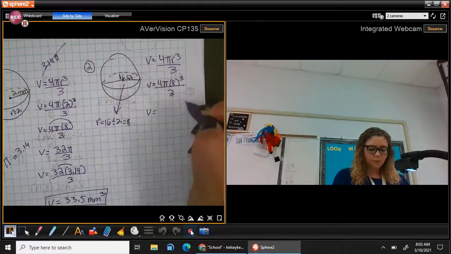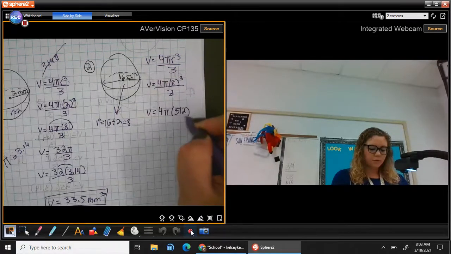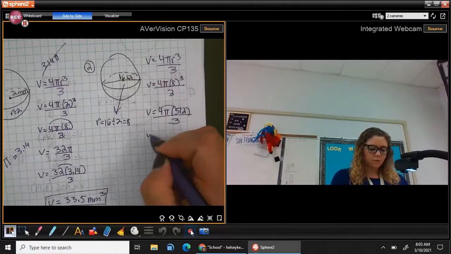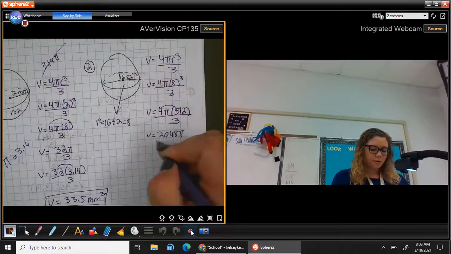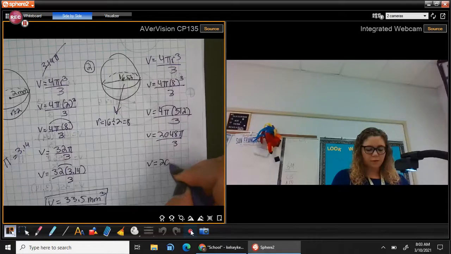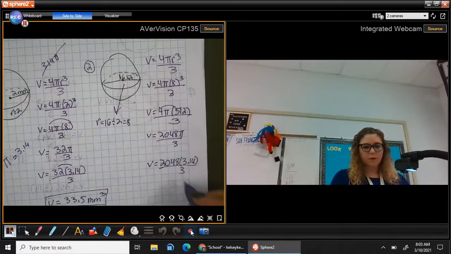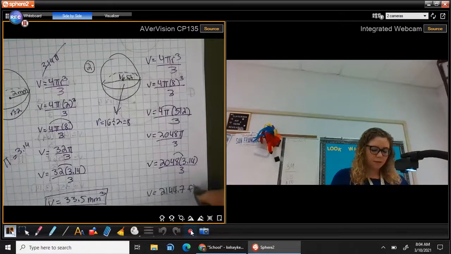Okay. 8 cubed is 512. 4 times 512 is 2048 pi over 3. Plug in 3.14 for pi, divided by 3. So 2048 times 3.14 divided by 3 is going to give me 2,144.7 feet cubed. And that is that volume.